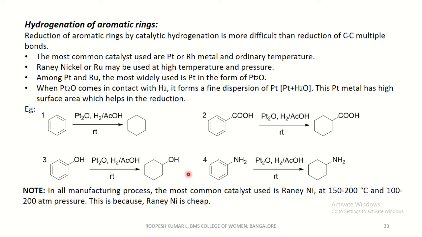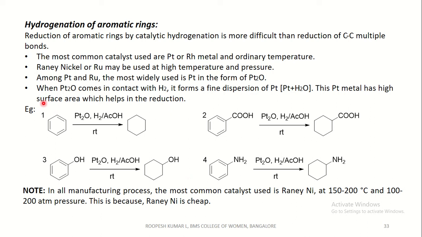Raney nickel or ruthenium may be used at high temperature and pressure. Among these, the most widely used is platinum in the form of platinum oxide, that is PtO2, which is also called Adams catalyst.